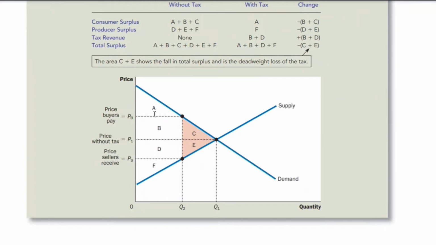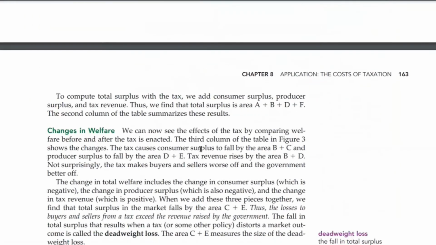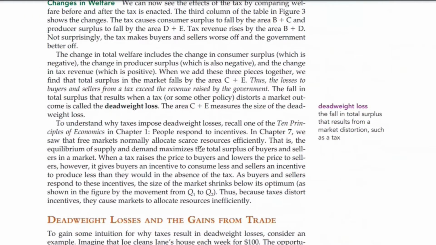Now you must have noticed that the area C plus E was gained by none. Hence, we say that this area C plus E is the fall in the total surplus and is the deadweight loss of the tax. The deadweight loss is the fall in total surplus which results from a tax or some other policy instrument which distorts the market outcome.